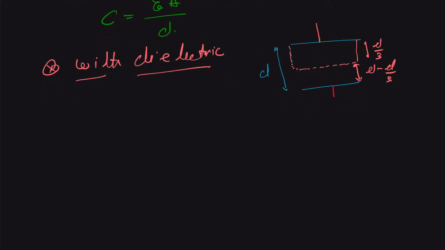These are the connecting terminals. So we are given that the dielectric thickness is d by 3.